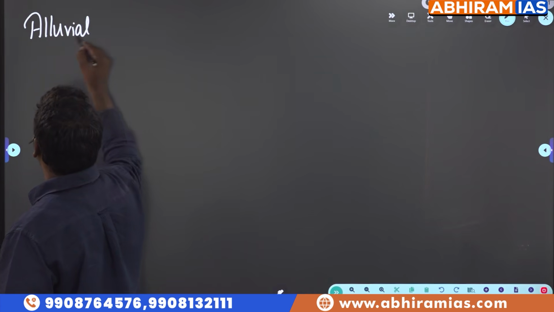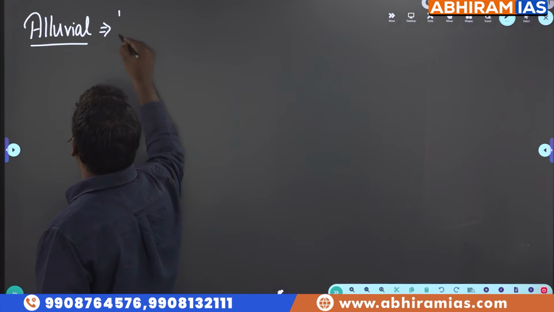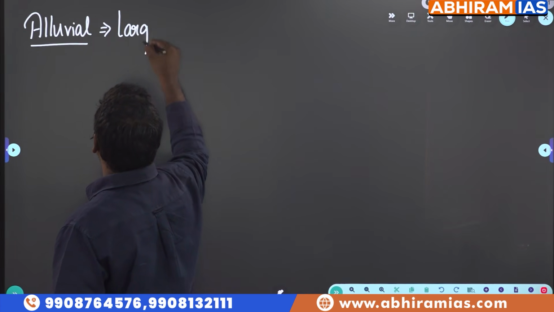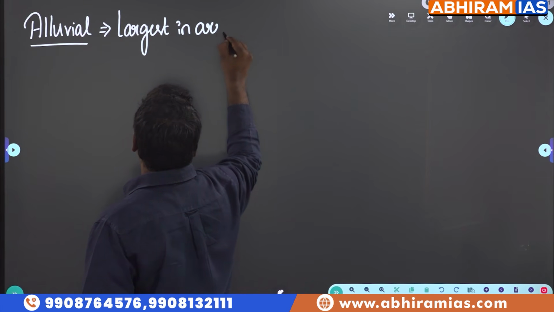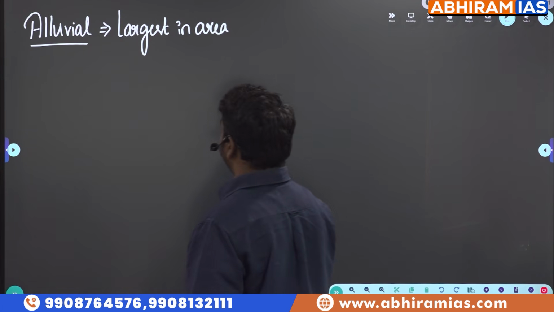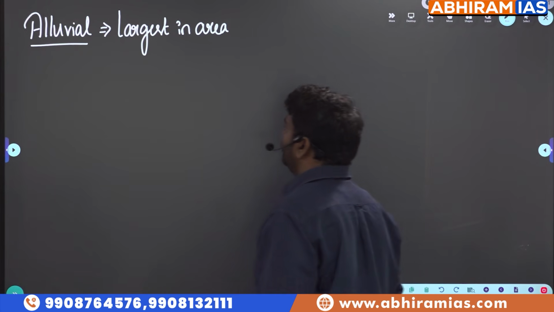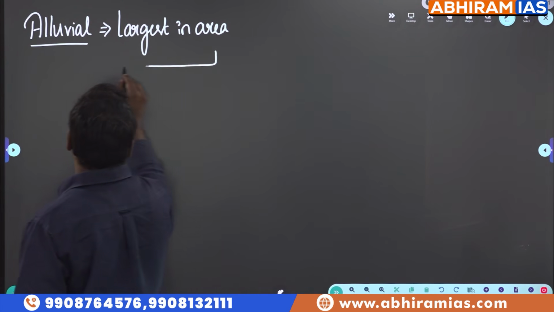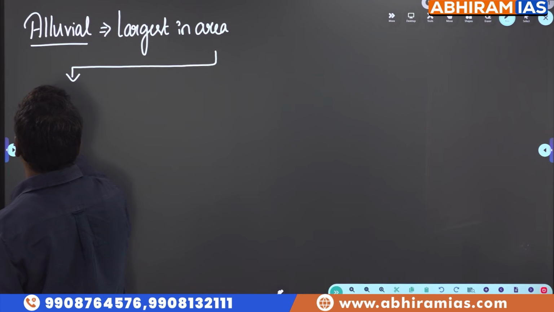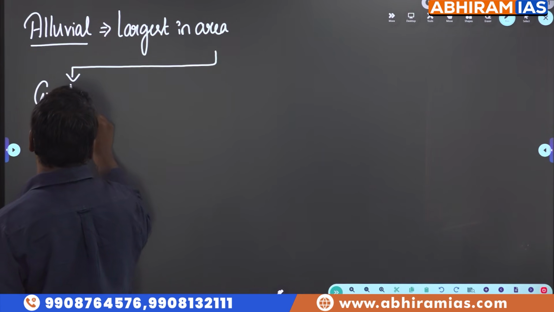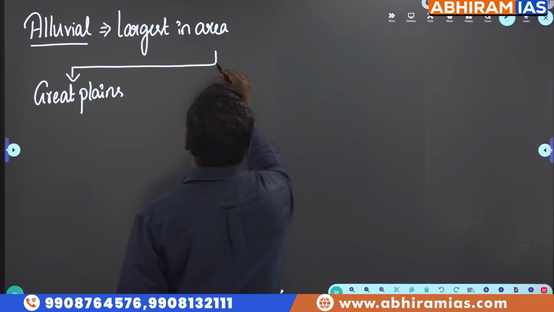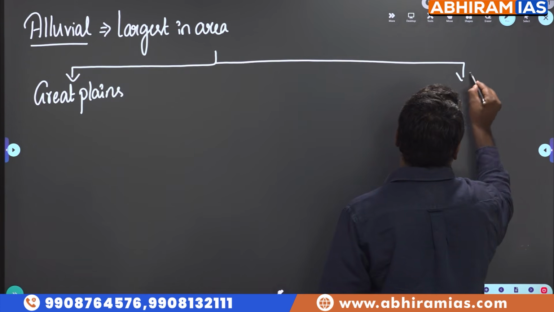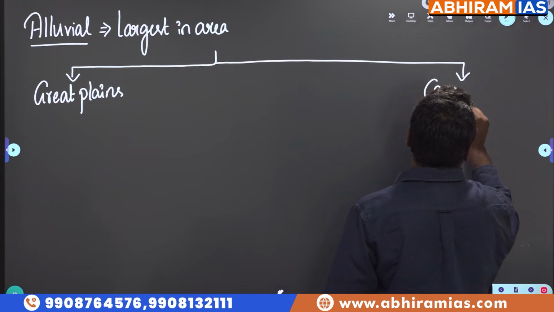Alluvial. Yes, it is largest in area. It is divided into two: Great Plains area and coastal area.